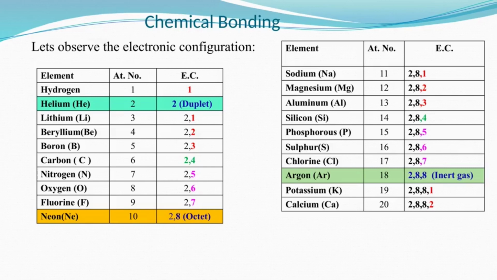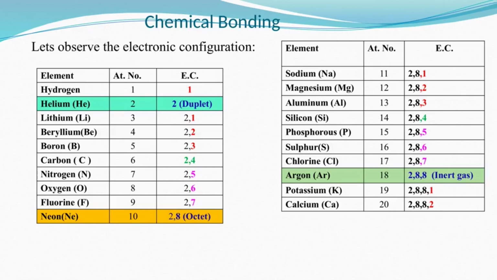Okay. So, this is the electronic configuration of the inert gases. These gases are inert. Why? Because they do not take part in chemical reactions. Other elements try to get a stable electronic configuration. So, while going through chemical bonding, we have to understand that having or not having a stable electronic configuration are the two things which influence whether the element undergoes a chemical reaction or not, or whether it will form a chemical bond or not.